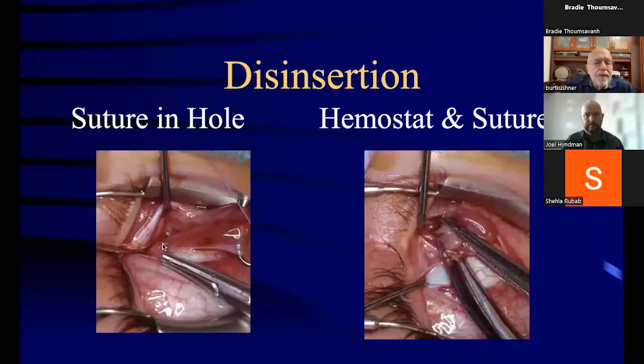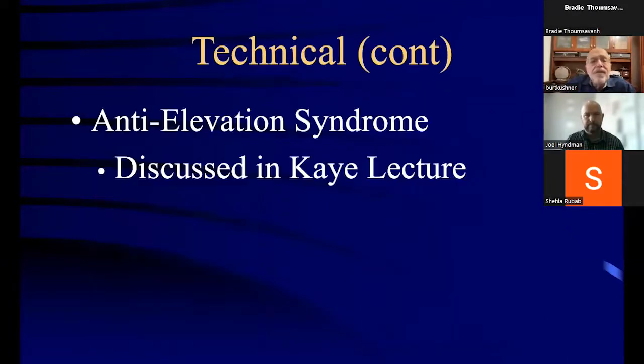You don't know exactly how much to leave here, wanting to be sure you get a good bite in the muscle. I like to put a hemostat across the muscle and disinsert it. And then with it up kind of in the air off the globe, I put sutures in the cut end of the muscle while it's still attached to the hemostat. I think that that's safer.